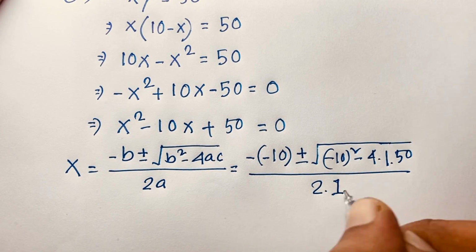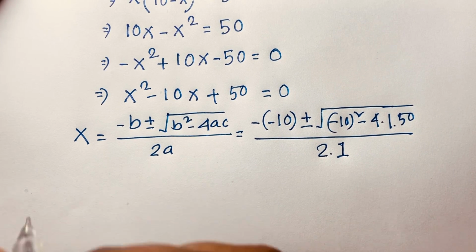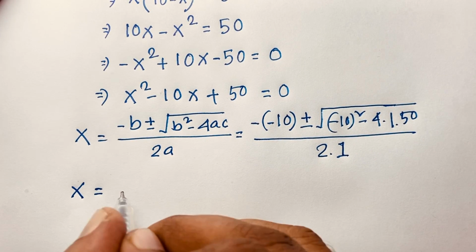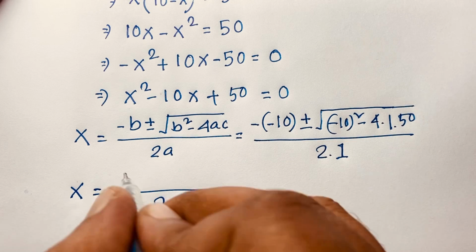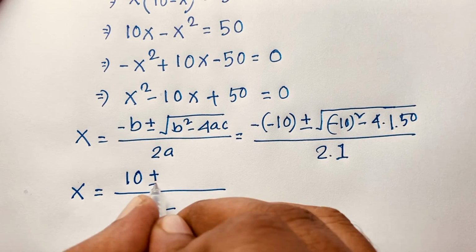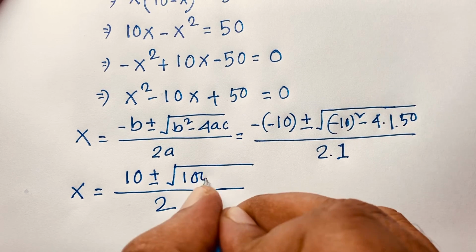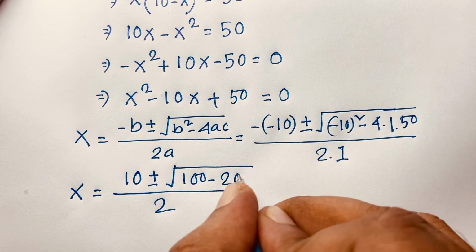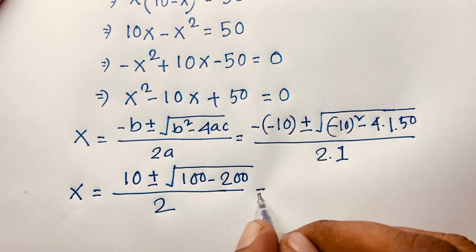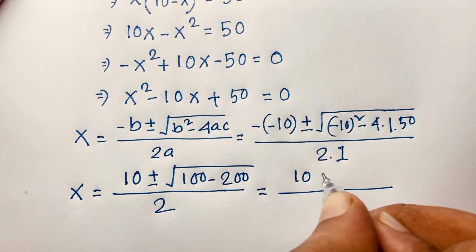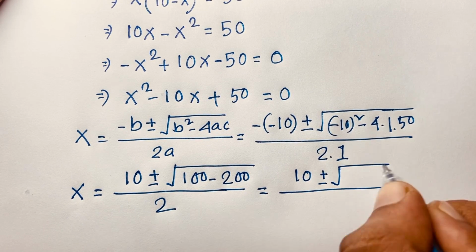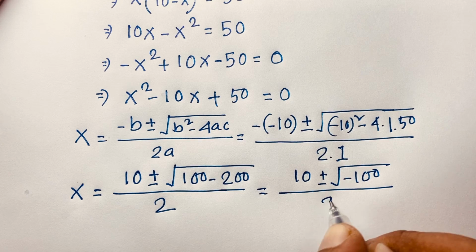A is 1, so 2a is 2 times 1, which is 2. It will be 10 plus minus square root of 10 to the power 2, which is 100, minus 4 times 50, which is 200. Then this value will be 10 plus minus square root of minus 100, over 2.